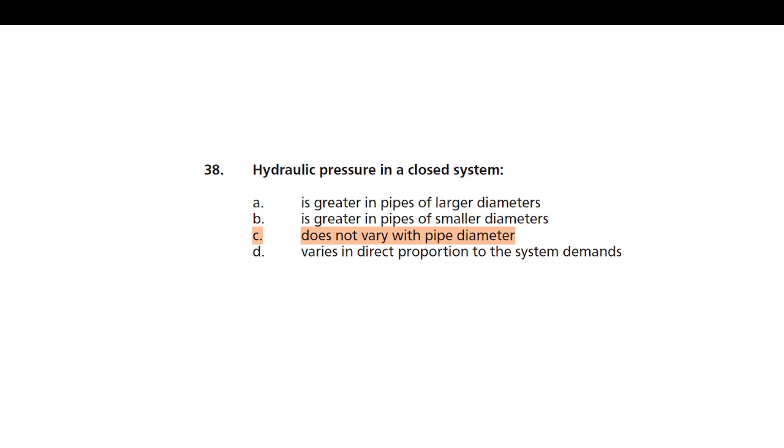Hydraulic pressure in a closed system does not vary with pipe diameter. Suppose this is the pipe diameter and hydraulic pressure in this end is 3000 psi. Then in the larger pipe, it is also 3000 psi.